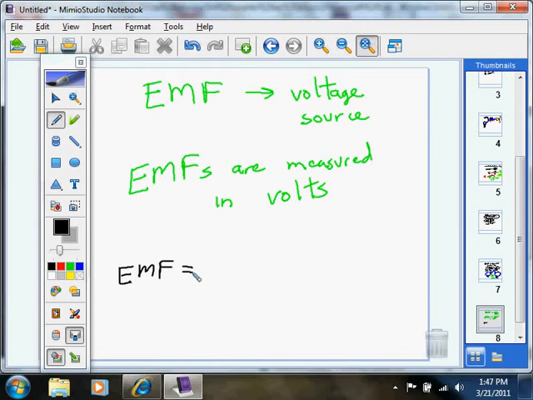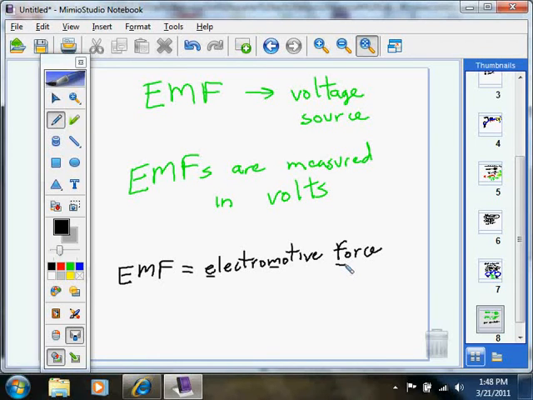Now the name EMF is a little bit misleading. That's why no one uses the complete name anymore. Everyone uses the acronym to try to get away from the complete name. Because the complete name is electromotive force. Electromotive force.